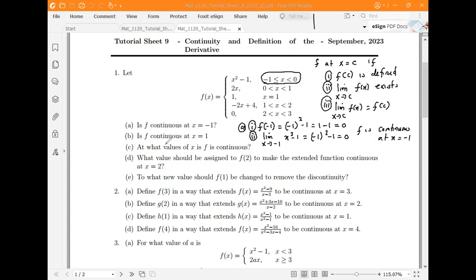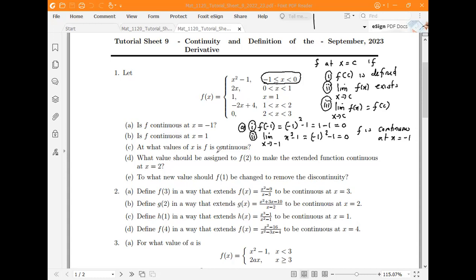The next thing will be, is f continuous at x equal to 1? Is it continuous at x equal to 1? I'm asking if you can repeat the last statement you said about the limit, if it's continuous or discontinuous. So we are saying, the limit is never continuous. It's a function f which is continuous or not.